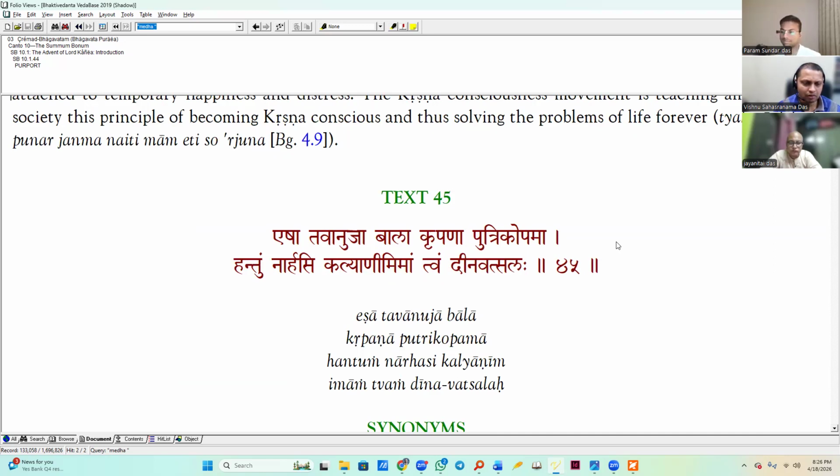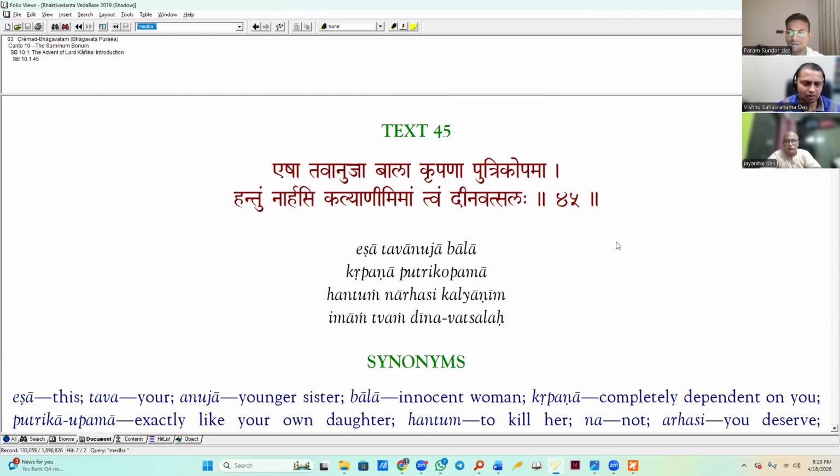Kripana. Kripana here is translated as one who is dependent on you. She's like weak, you can say in that sense. She's dependent on you. Putri Kopama, she's like your daughter.